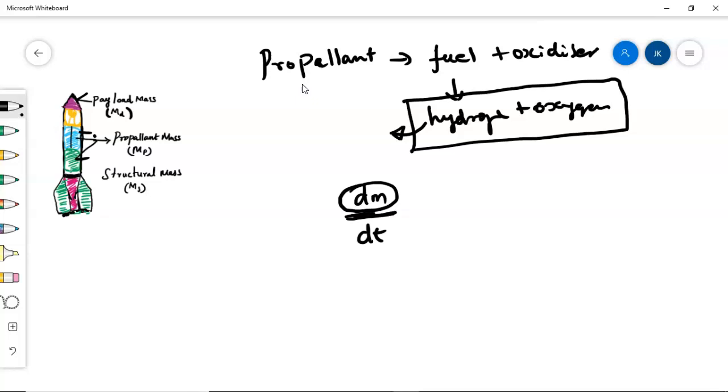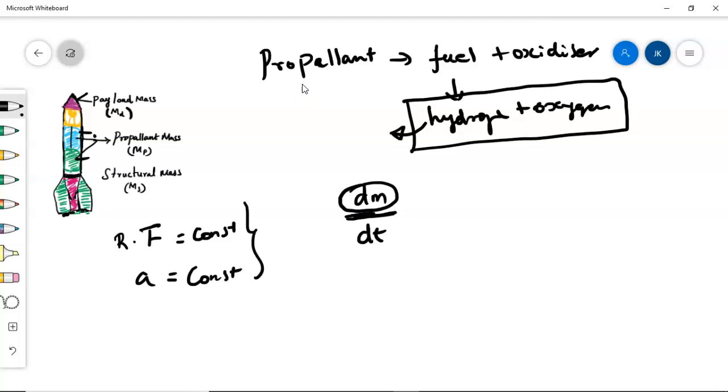So the concept I'm asking about here is that the force, or the thrust given by the exhaust gas, the propellant, is constant. So if the resultant force is constant, acceleration must be constant.